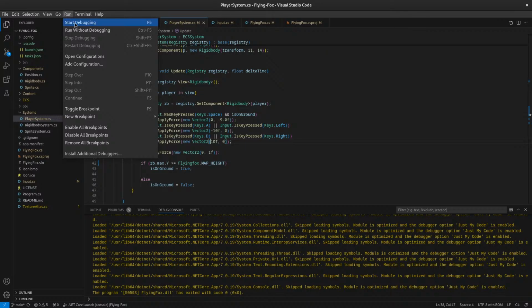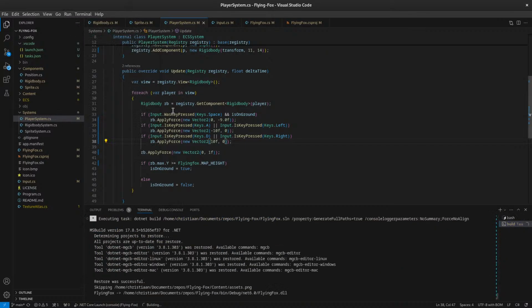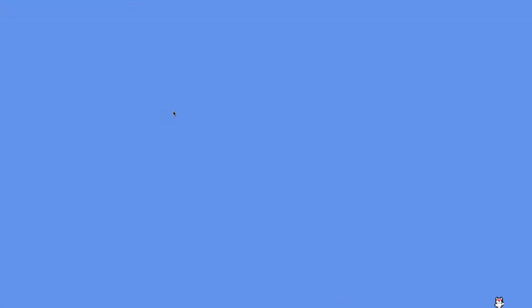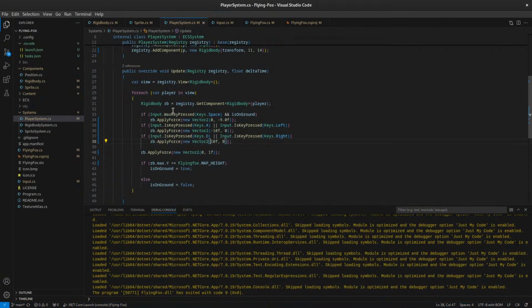Oh, we actually need to test jumping, sorry. Let's make this a little bit smaller. Yes, this updates for every single frame that the key is pressed.